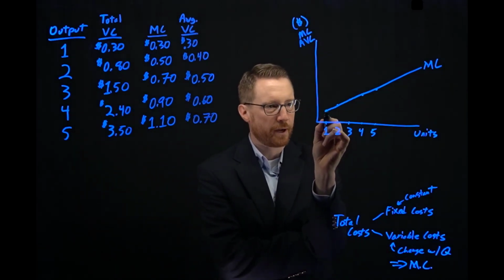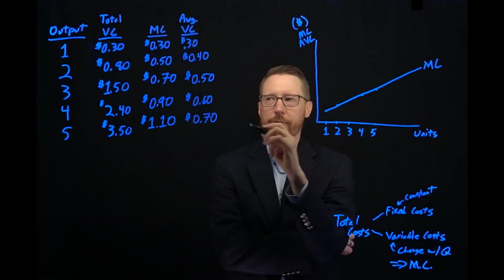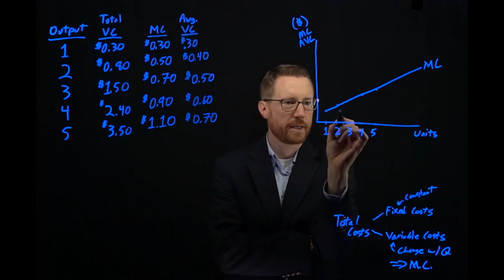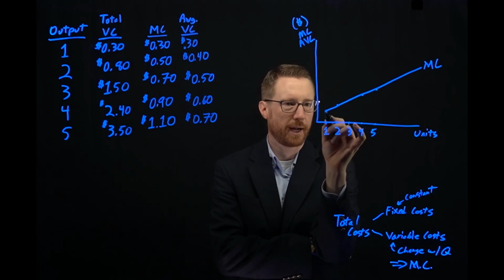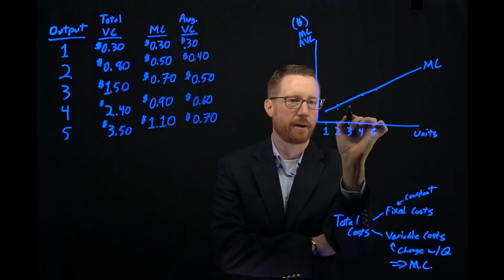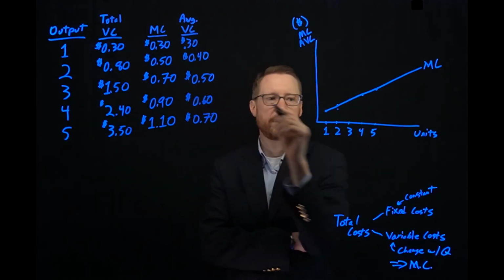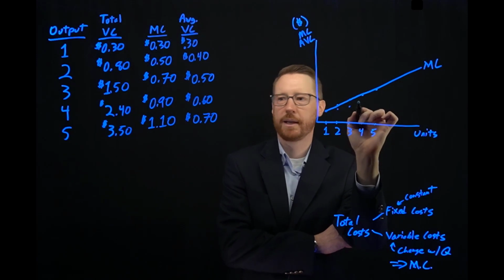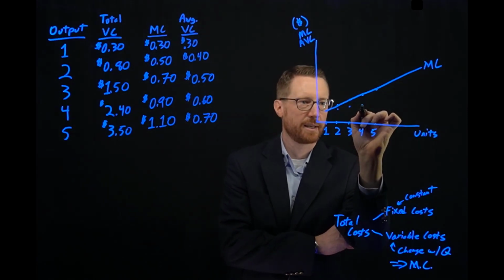So for 1 cup of coffee, these are the same. For 2 cups of coffee, our average variable cost was 40 cents, so higher than for the first cup. For 3 cups of coffee, what did it increase to? It increased to 50 cents. At 4 cups of coffee, it's 60 cents.